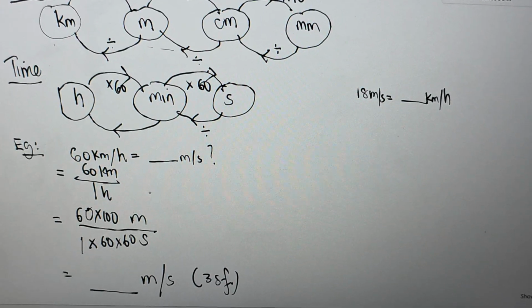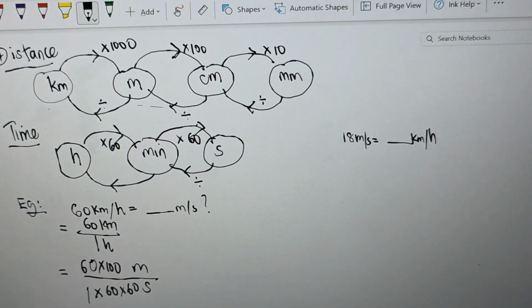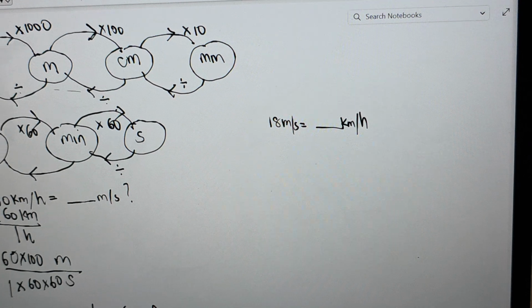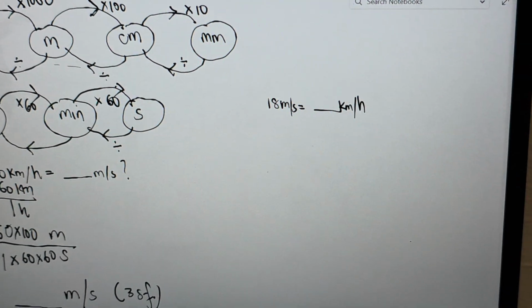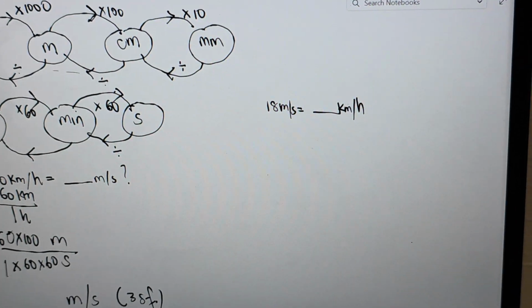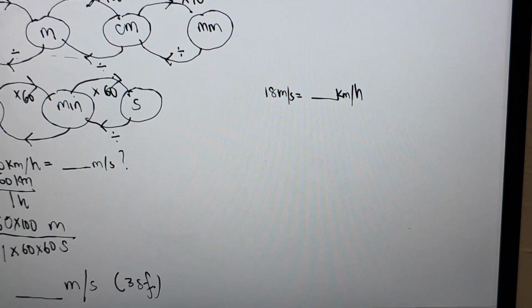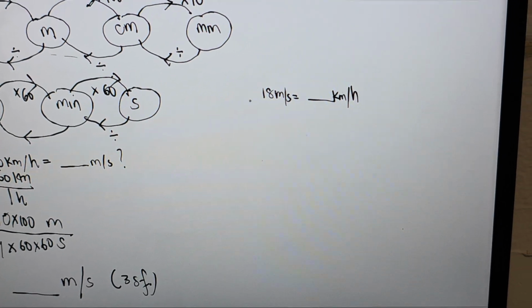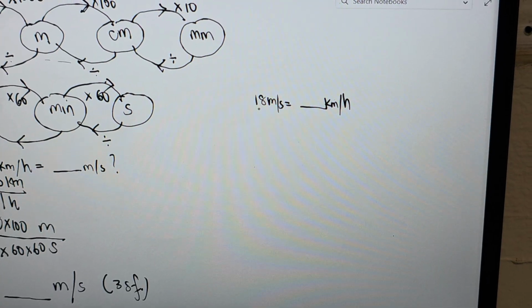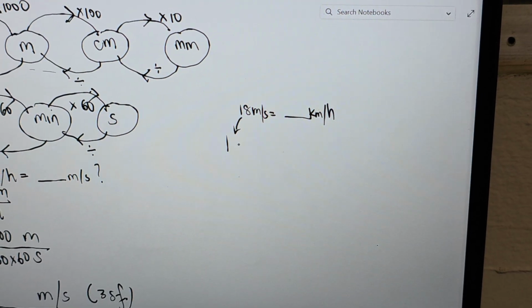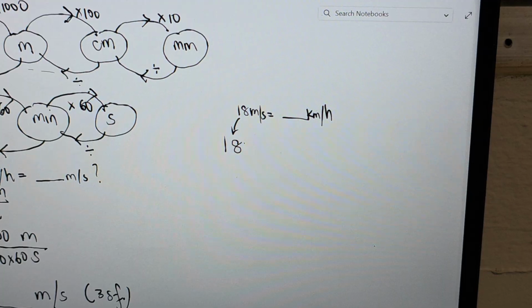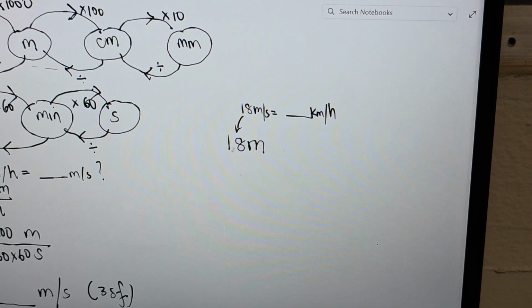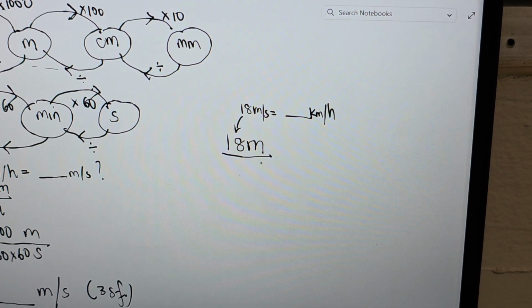Now this is easier. The harder one is to convert from meter per second to kilometer per hour. But if you use the same method as I discussed earlier, you convert this to a fraction, because 18 meter per second means 18 meter divided by second.